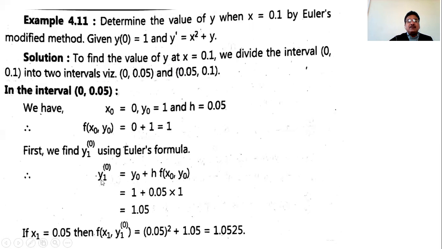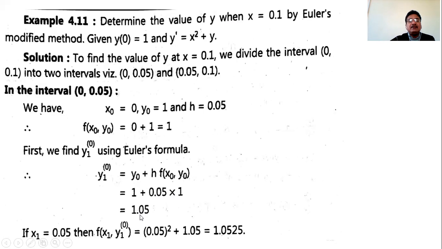It is y naught plus h f of x naught, y naught. Y naught is 1, h is 0.05, and f of x naught, y naught is 1. So y1 0 is 1.05. This is not actually the final y1.